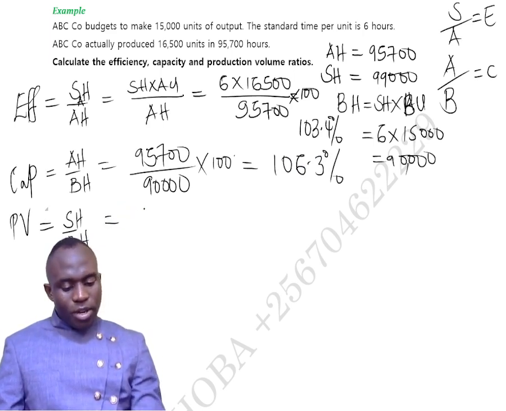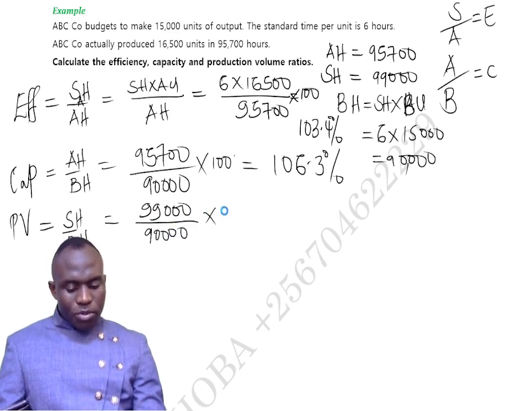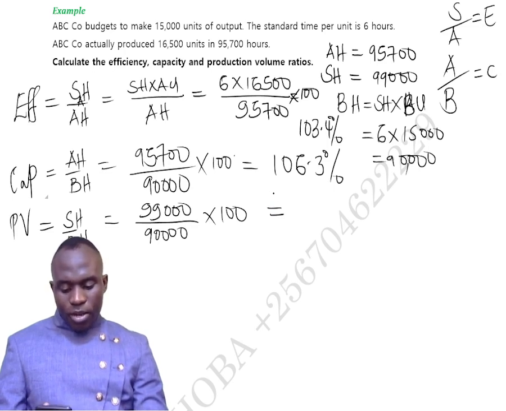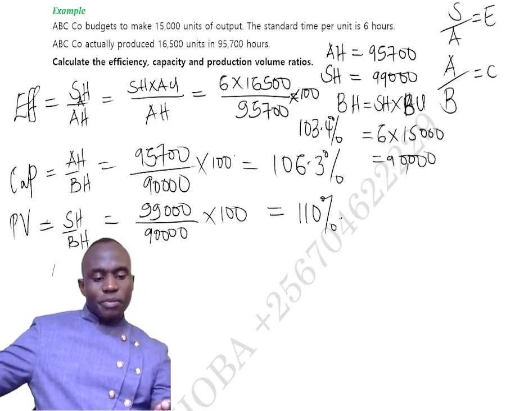And standard we've worked out, it is 99, divided by budgeted, which is 90, times 100. So if we work out 99 divided by 90 times 100, we get 110%. So those are the answers.